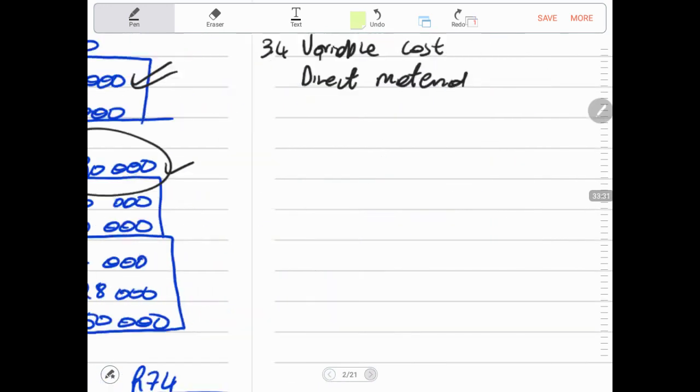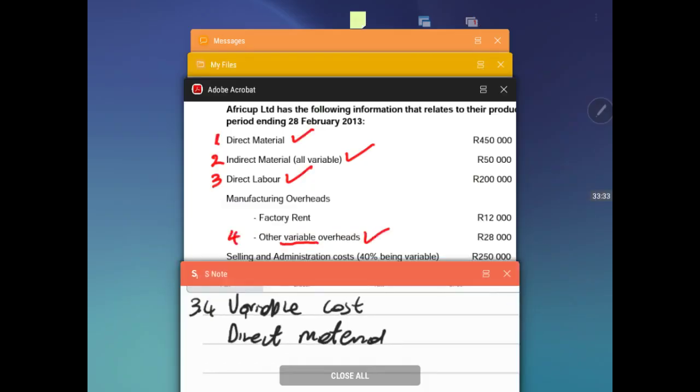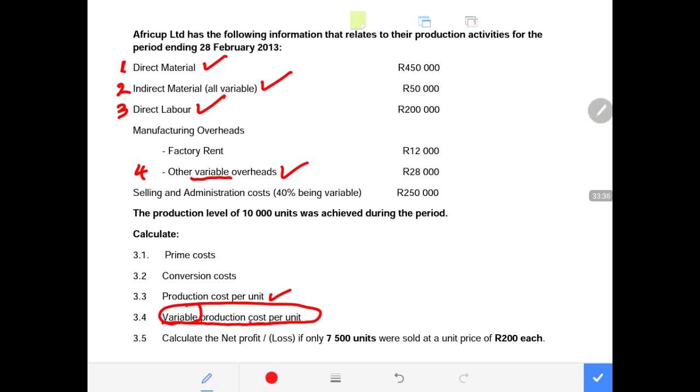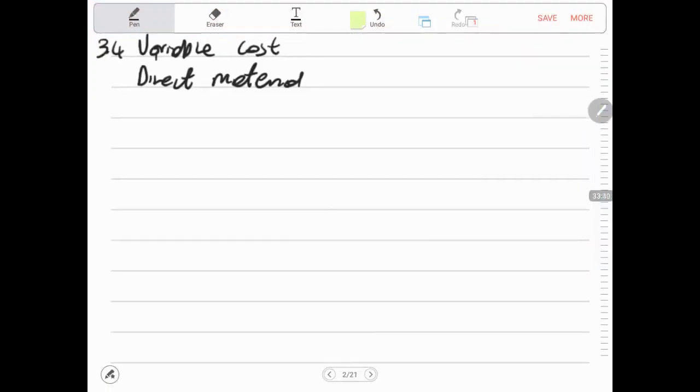I think it is per unit. Variable cost per unit, yes, it is per unit, so I don't have to be doing the recalculation. Direct material, variable cost per unit, which is 45 rand. Direct labor, I've already calculated all the figures above.